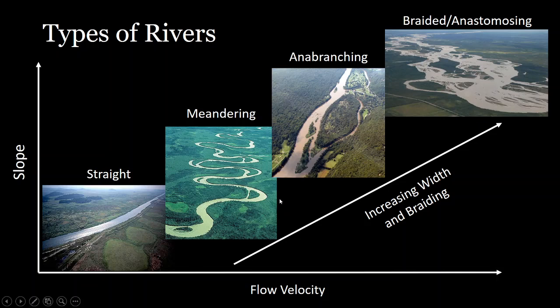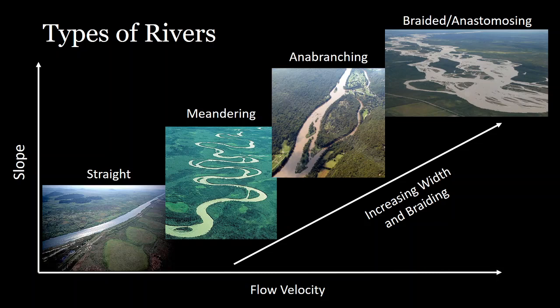And then as we get into even steeper slopes and higher flow velocities, we can get into anabranching streams, which is multiple stream channels that are kind of interlaced in between each other, and they can cross and form these islands. And then lastly, when we have relatively high slope and high velocity, we have braided or anastomosing streams.